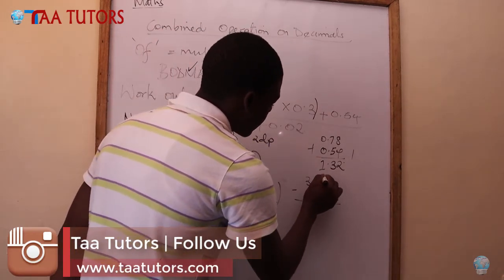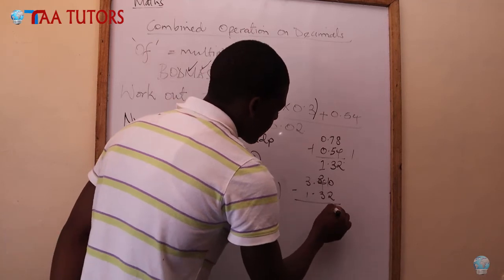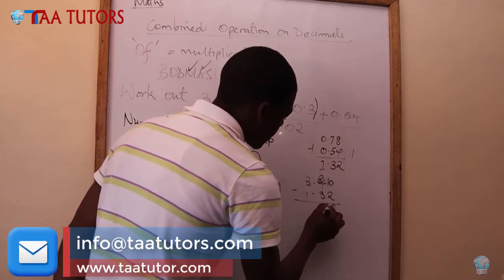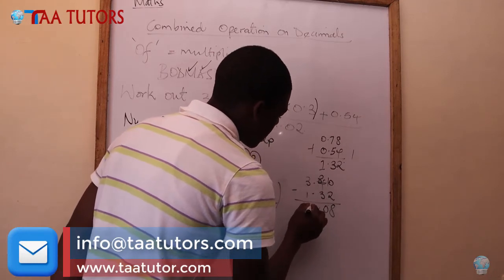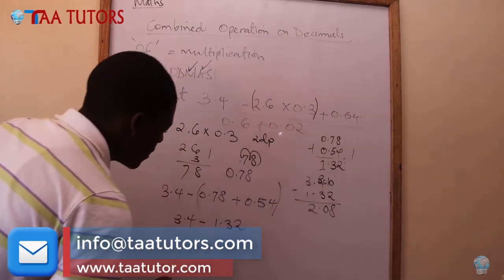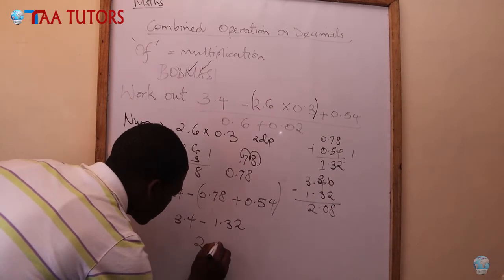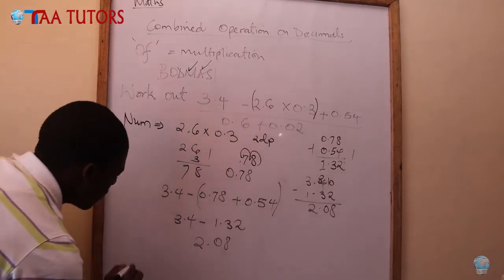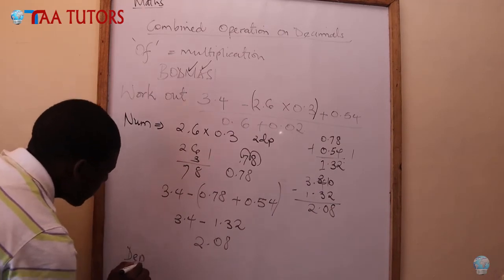We will borrow 1 here. 10 minus 2 will be 8. Then 3 minus 3 will be 0. 3 minus 1 will be 2. So our answer on the numerator will be 2.08.